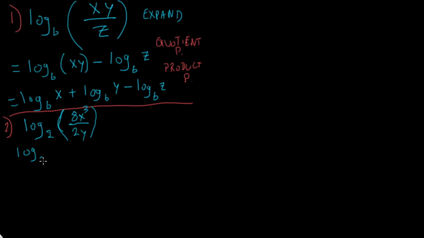So if we go log base 2 of 8x cubed minus log base 2 of 2y. All right, so we split that up using the quotient property. Now let's split up the rest of these.